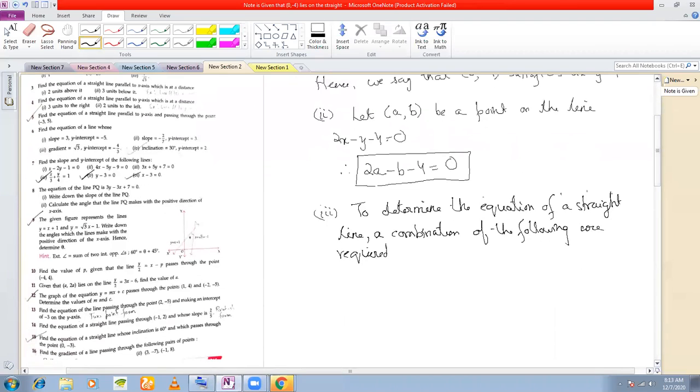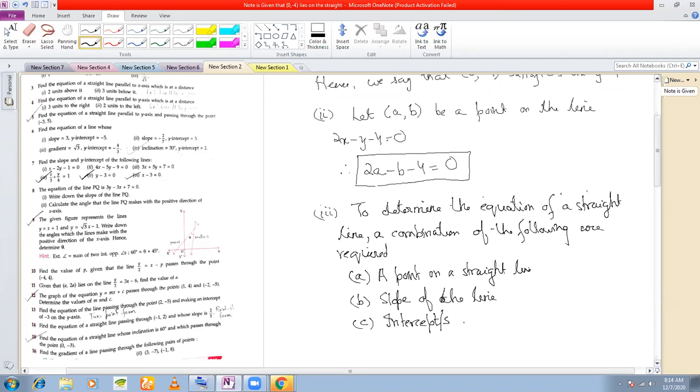Either you know a point on a straight line, or you know the slope of the line, or the intercept; you can know either one intercept or both the intercepts made by the line on the axis.